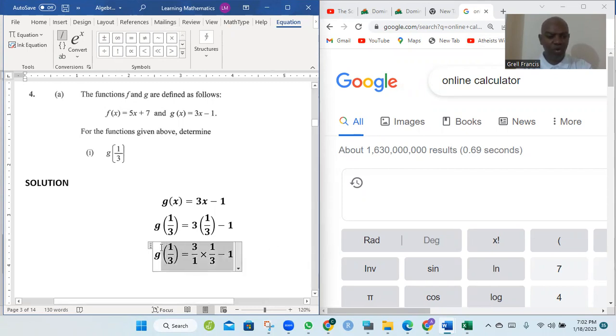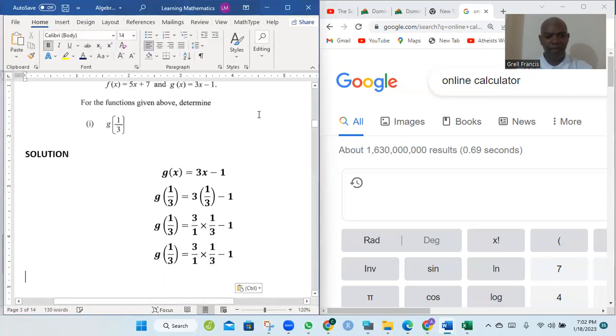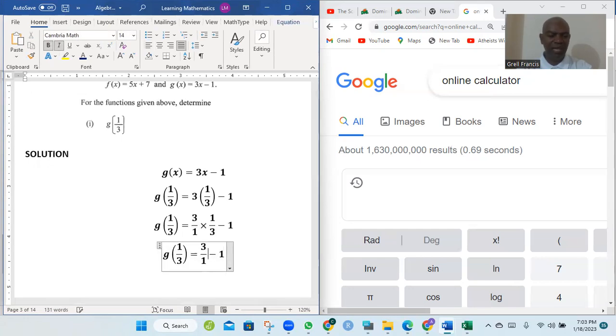Now 3 over 1 times 1 over 3. That's 3 times 1, because when you multiply fractions, you have to multiply straight across. So 3 times 1 is 3, and 1 times 3 is 3.